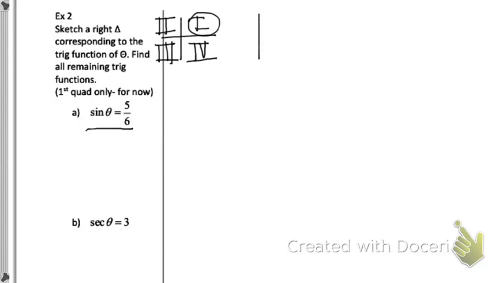So, let's see. Sine is opposite over hypotenuse. So let's create a triangle here. So here's theta.